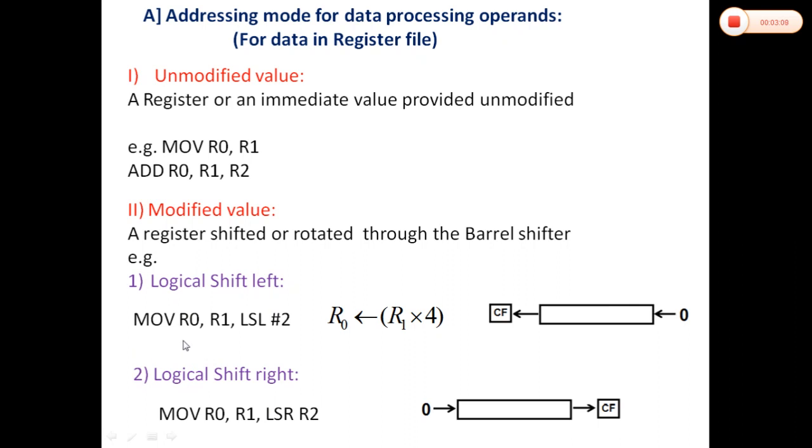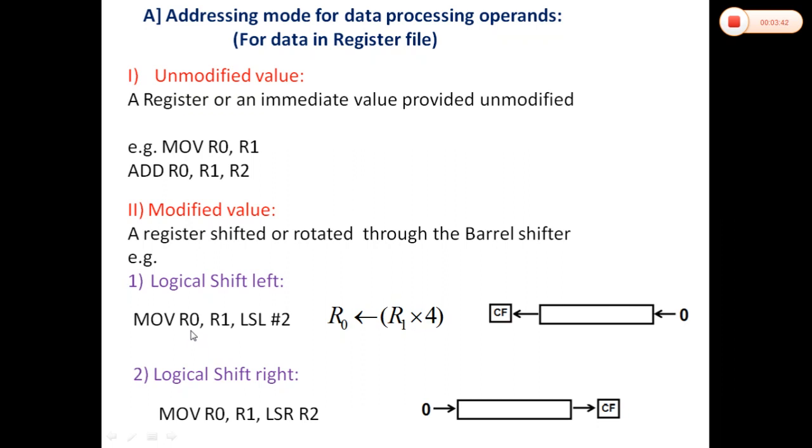For example, consider the instruction MOV R0, R1, LSL #2. So here the content of register R1 will be shifted left by 2-bit positions, and then it will be moved to R0. As we know, when a number in a register is shifted left by 2-bit positions, effectively it is multiplied by 4.